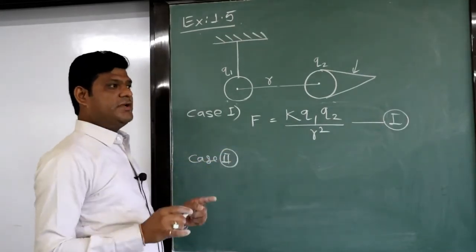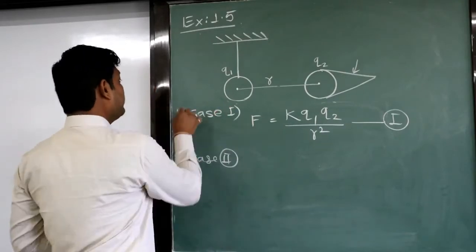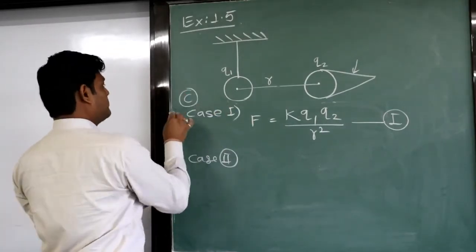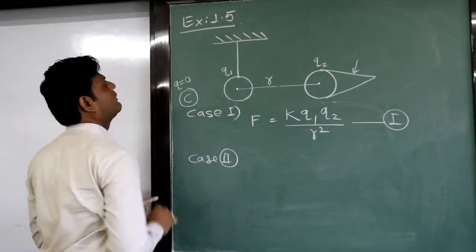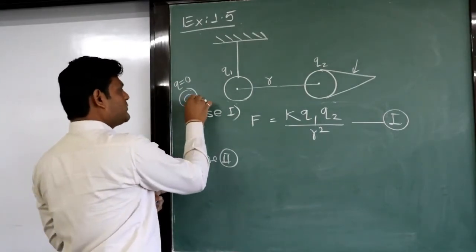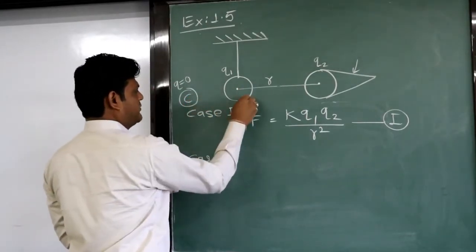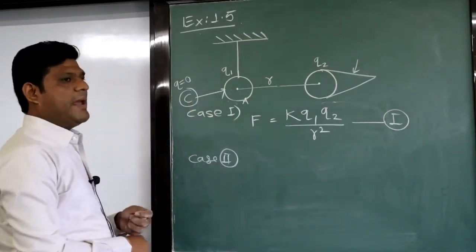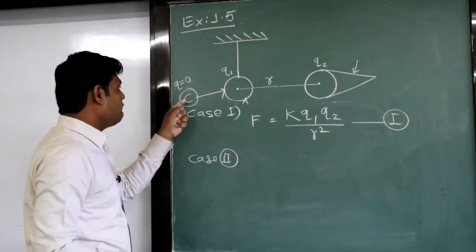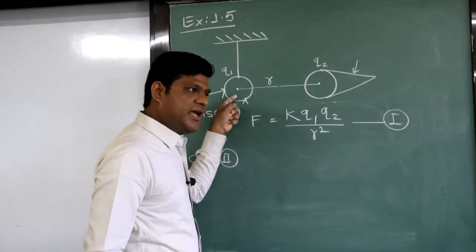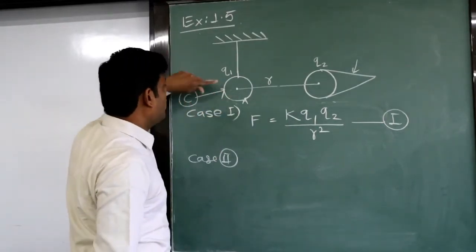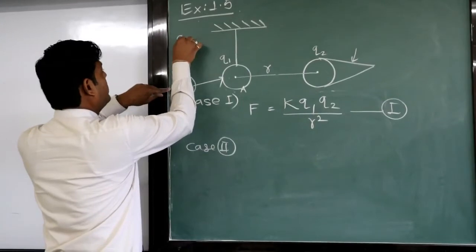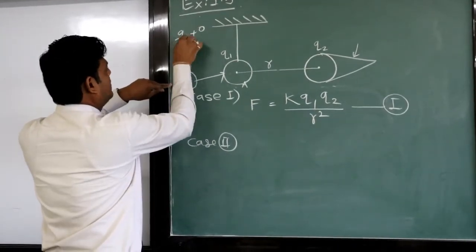In the case 2, what is given? We are having a C sphere, but this sphere has no charge, Q equal to 0. Bring this sphere towards the first sphere, right? And separate. What will happen? We know the situation. If we bring this sphere towards the A, total charge on the system becomes Q1 plus 0. So what is the total charge?